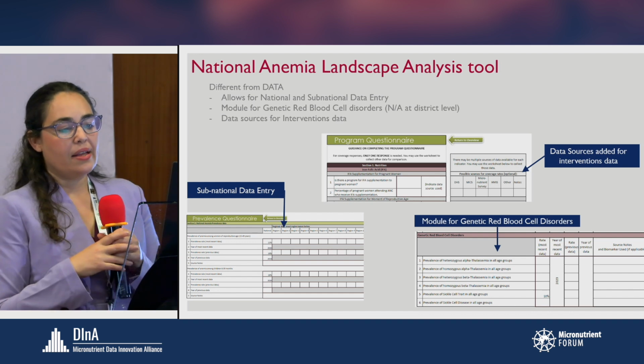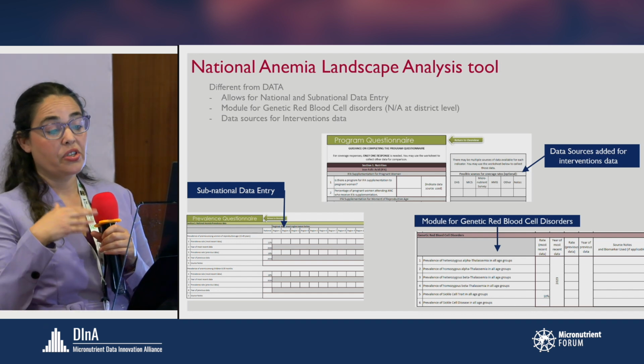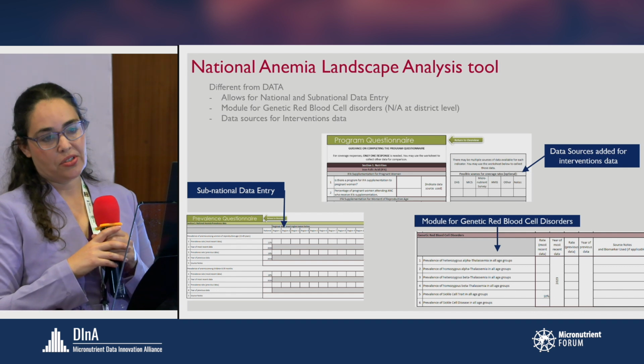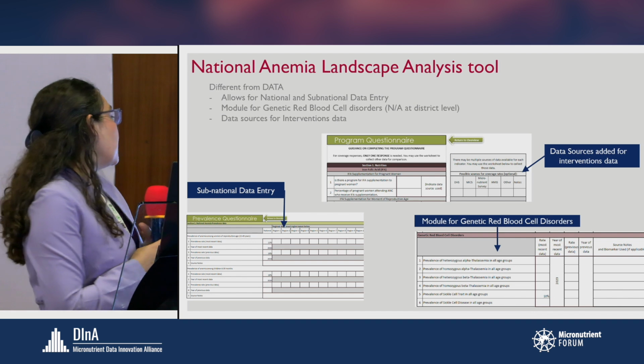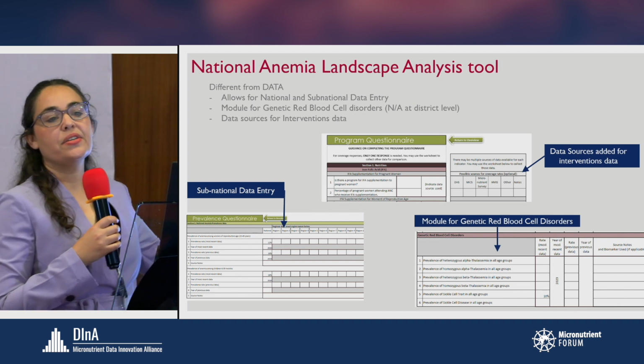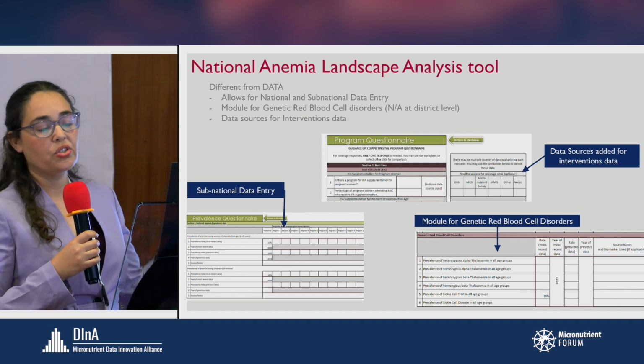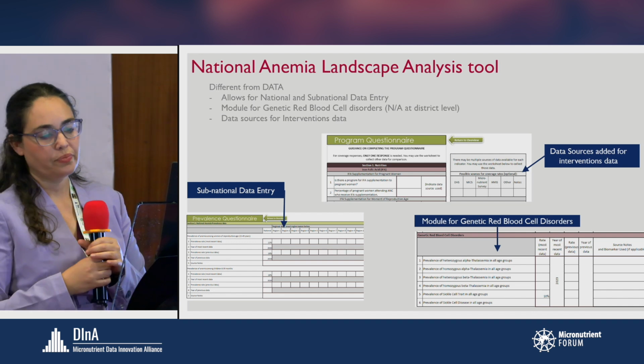It also has a module on genetic red blood cell disorders as a potential cause in your country, which is not in the district tool. And it also has a section where you can enter information about your country from a regional level.